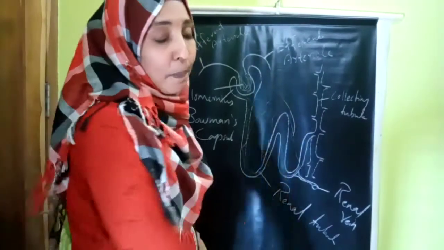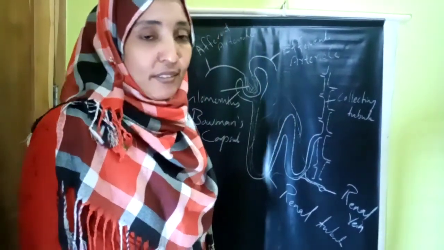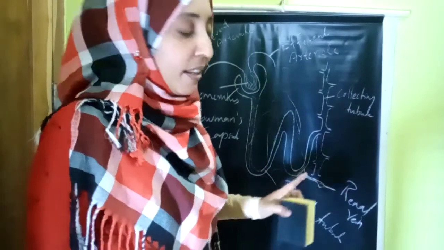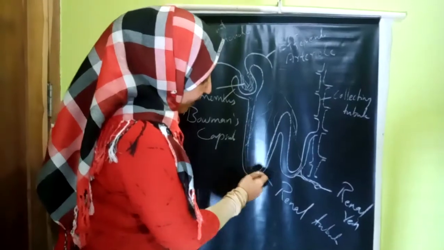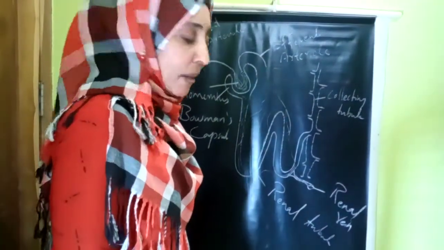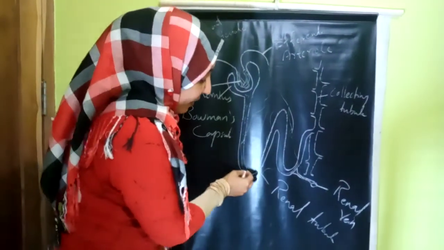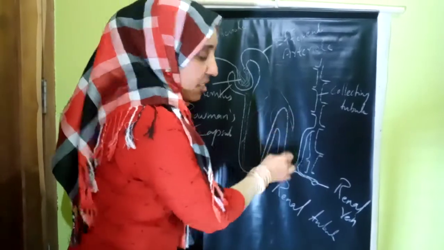The second step is called tubular reabsorption. What is the name? Tubular reabsorption, which happens while the filtrate is passing through the renal tubule. Do you know how this process happens? The filtrate with useful and non-useful components is passing down through the renal tubule.